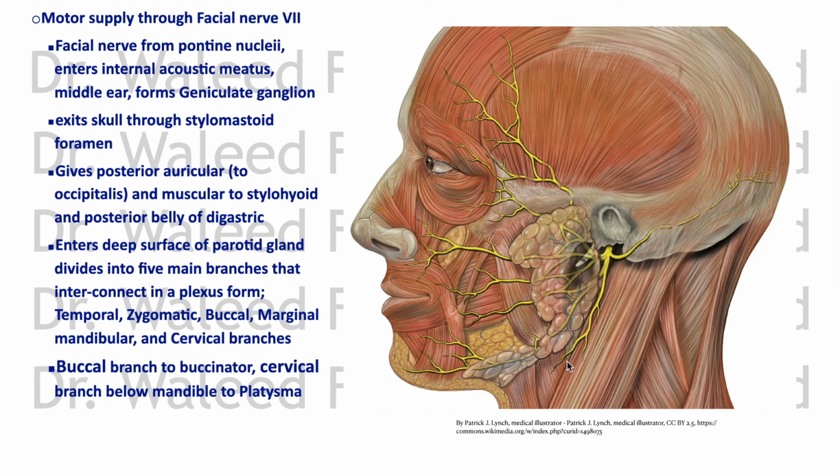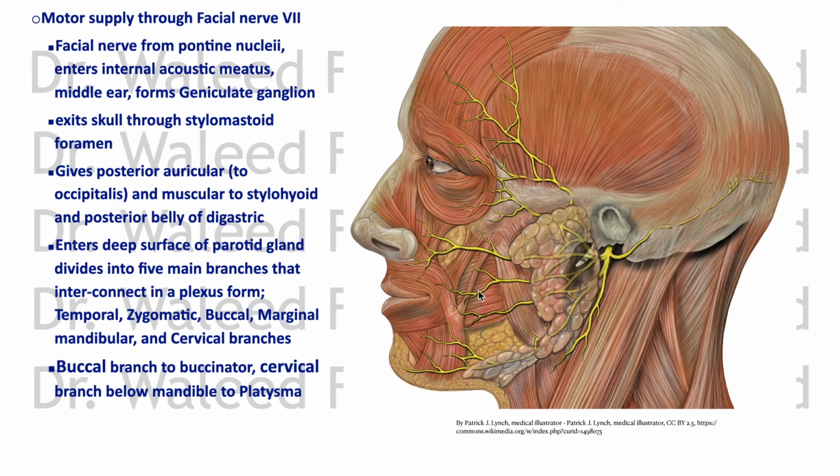This is very important. Temporal, zygomatic, buccal, marginal mandibular, and cervical. They divide the gland, as we said, into superficial and deep parts surgically. Okay? Now you can see it's for the muscles of the face.